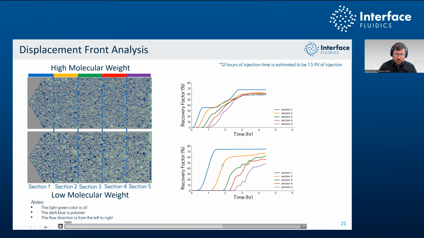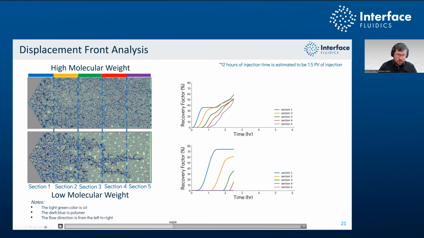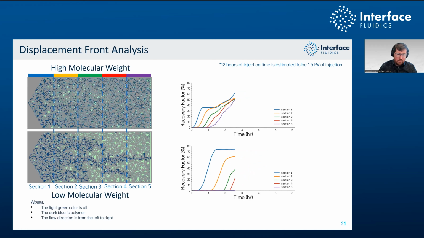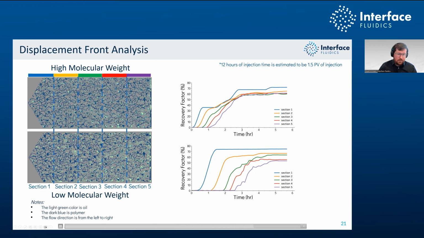And so that distance really does represent piston-like displacement. And as we get closer to the end, we see more viscous fingering, which if we back up our video is exactly what we see. We see a finger develop, and then now we've got production happening from all 4 or all 5 zones at the same time. So again, this is an unprecedented level of understanding of which zones are producing.